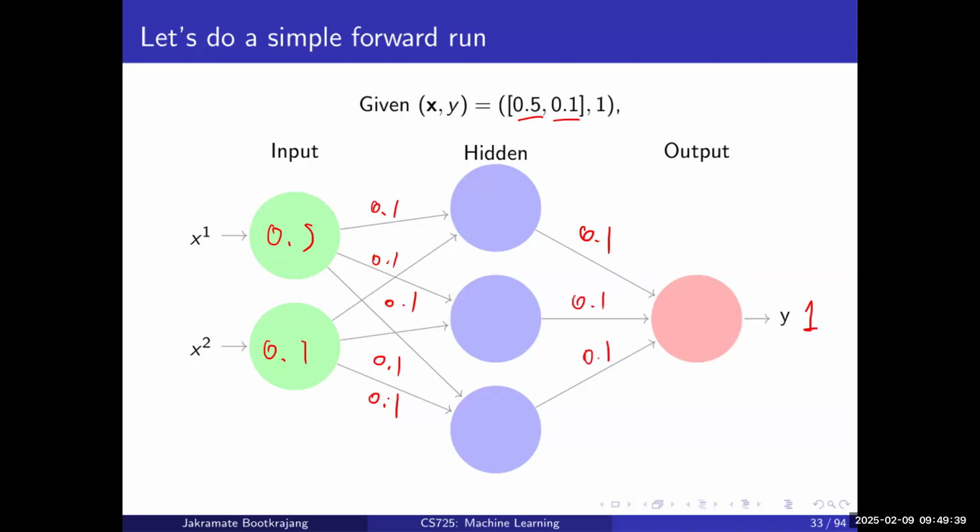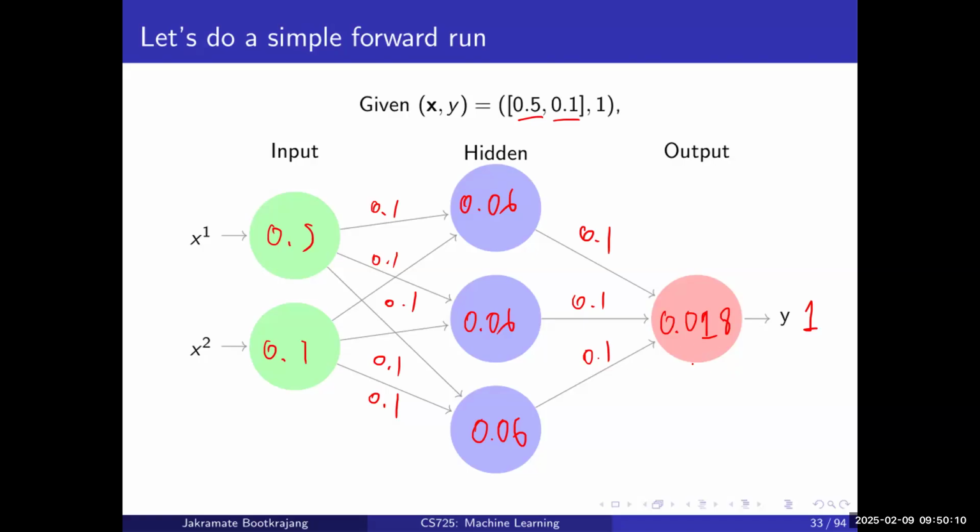If all the weights are 0.1, what do I get in the first hidden layer? You get 0.1 times 0.5, plus 0.1 times 0.1, and then you add up, you will get 0.06. And then when you multiply one more time and sum it up, you will get 0.018. And it is far from 1, right?